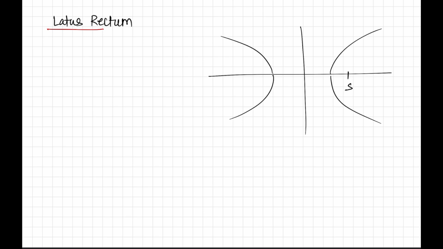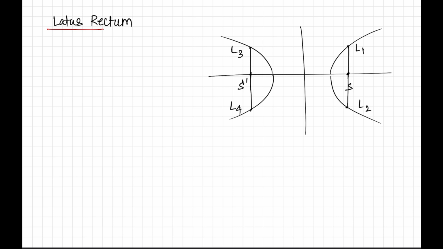Suppose this is point S and this is point S dash. If we draw a line like this passing through both the foci, we get the two latus recta. We call the latus rectum passing through S as L1, L2, and the one through the other focus L3 and L4.